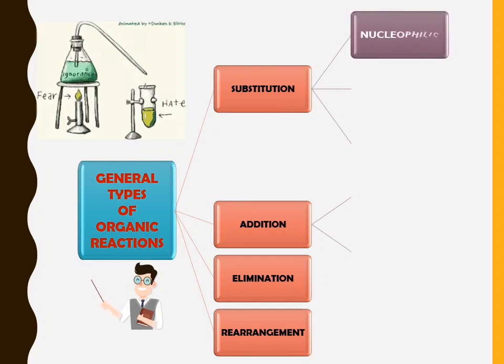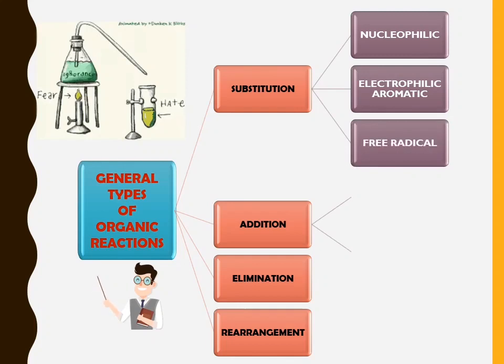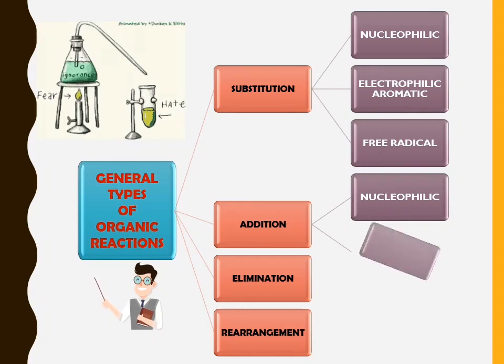First, nucleophilic substitution reaction. Next, electrophilic aromatic substitution reaction. And free radical substitution. For addition reaction, we can divide it into two parts. First, nucleophilic addition reaction. Next, electrophilic addition reaction. Later, I will discuss more about all these organic reactions.